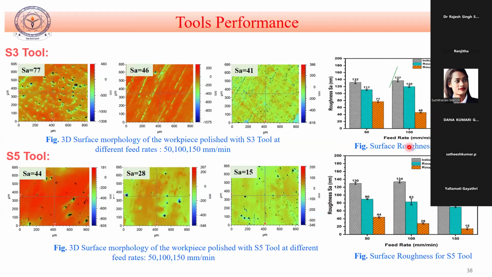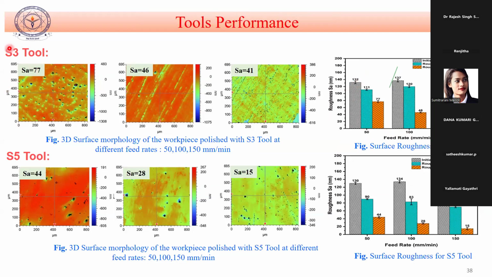So these are the surface roughness results. Before polishing, we did some grinding of this cup, so that we obtained a roughness of around 132 nanometer. We need less than 50 nanometer. For that, we started this experiment.